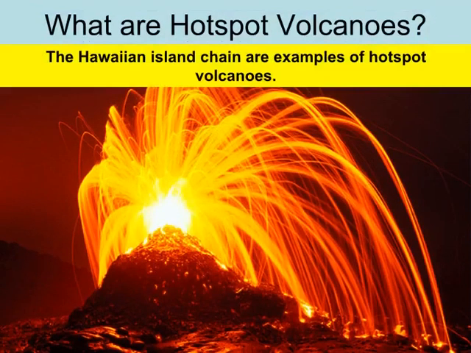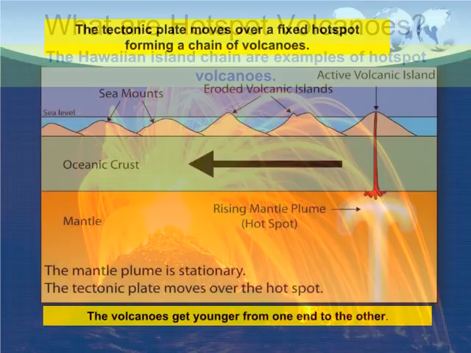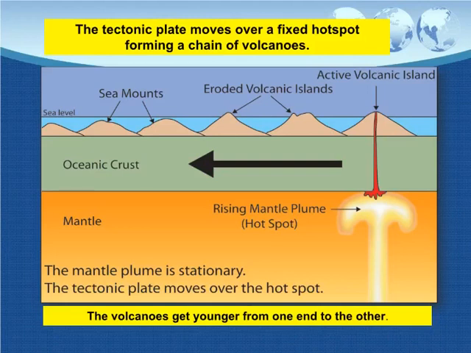The Hawaiian island chain are examples of hotspot volcanoes. Hotspots commonly form volcanic island chains, like the Hawaiian Islands. These result from the slow movement of a tectonic plate over a fixed hotspot. Persistent volcanic activity at a hotspot will create new islands as the plate moves the position of the old volcanic island from over the hotspot.